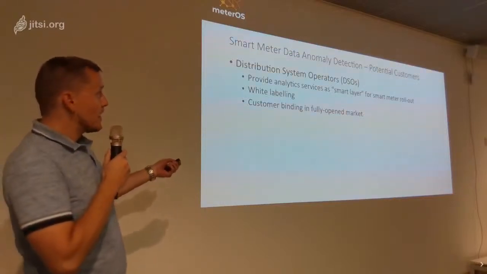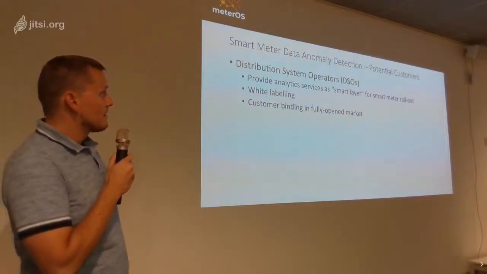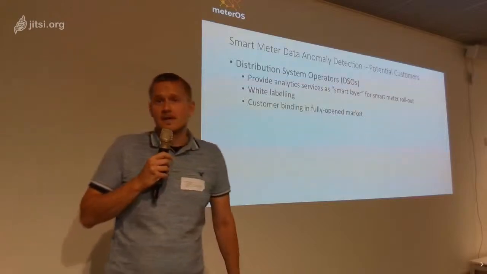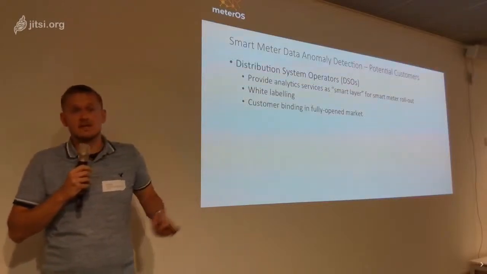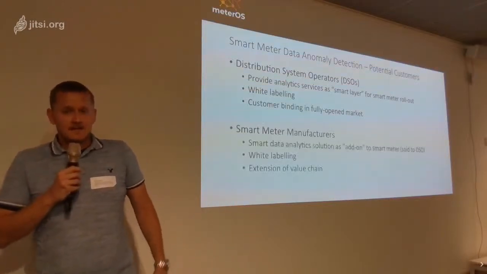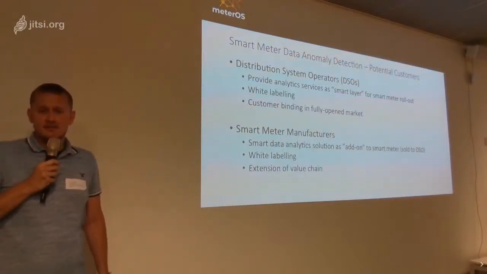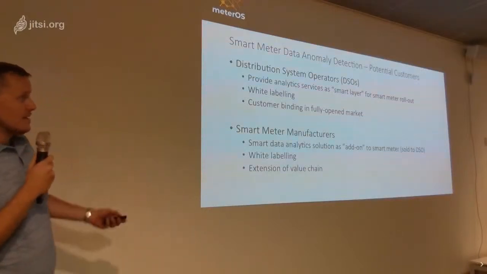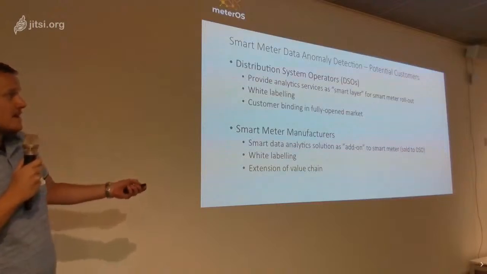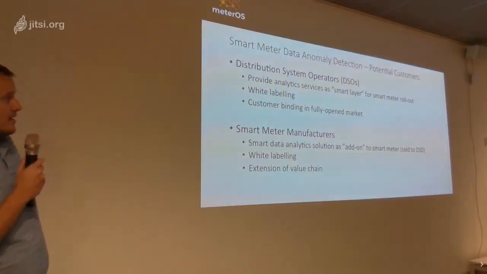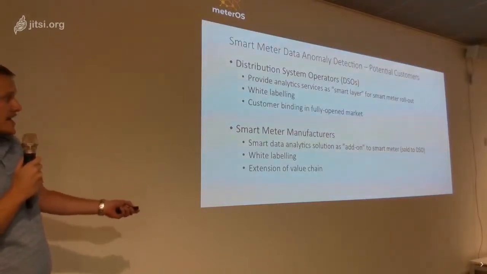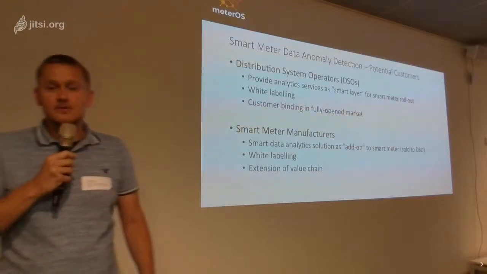It could be white labeling, and in a fully open electricity market, some kind of customer binding. The second group would be the smart meter manufacturers themselves, and they would be able to sell an add-on to the smart meter, also in a white labeling approach, basically expanding their value chain.